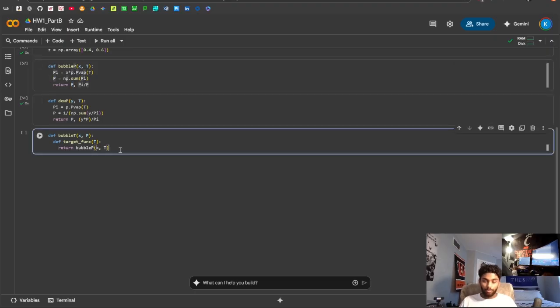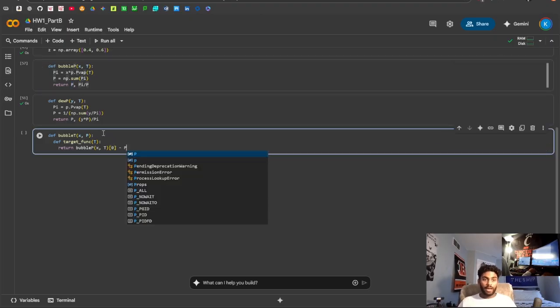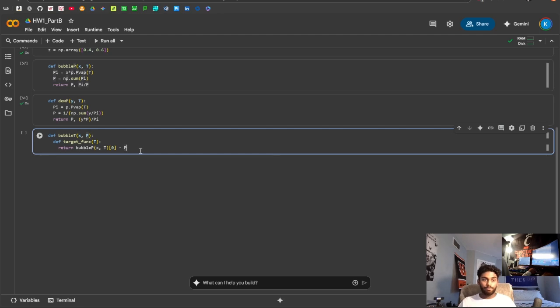And so in order to pull that value only out of this function, we use a bracket 0, and that will pull the first value, which is the pressure. From that, we will subtract this pressure that we supply as an input, and this should return 0 if we are given the proper temperature.